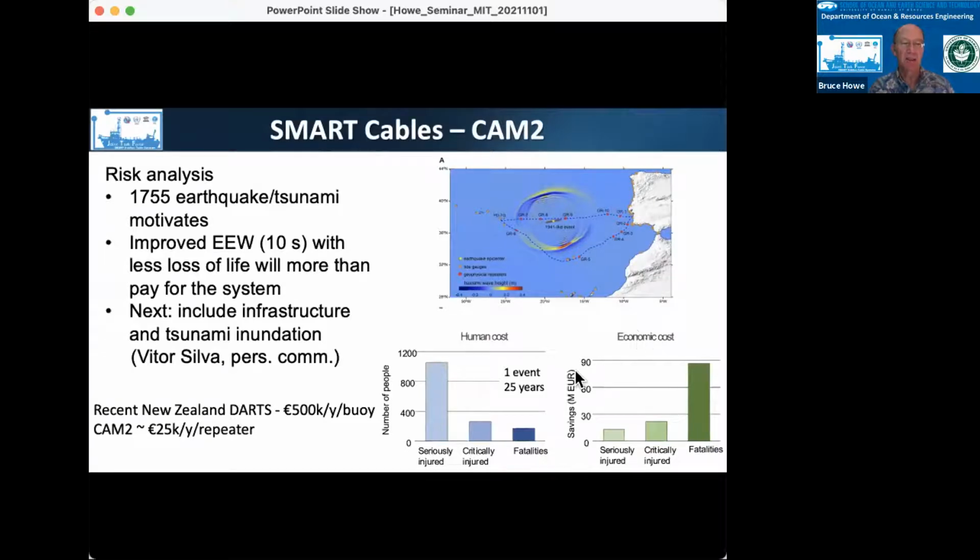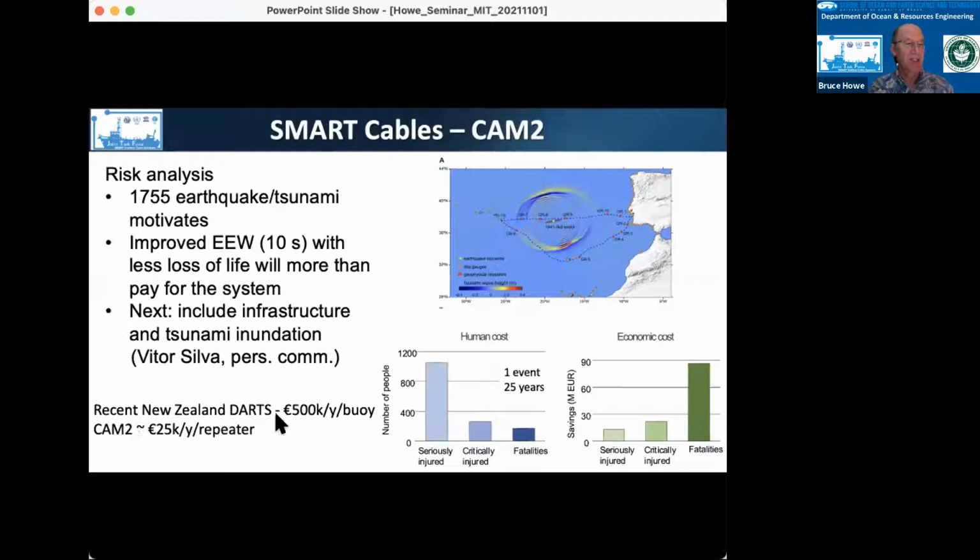So he concludes that 90 million euros savings in cost if there was one of these kind of events during the 25-year lifetime. And he's only simulated the earthquake portion and not included tsunami, inundation, and so on. So that would make it even more clear.